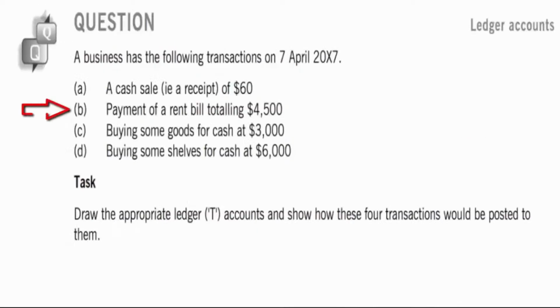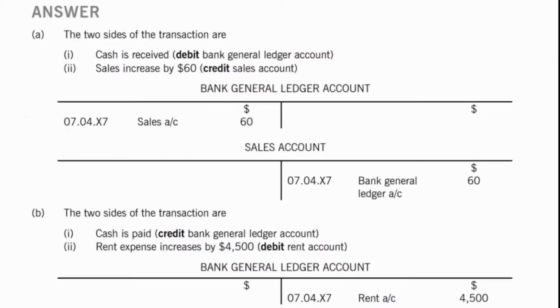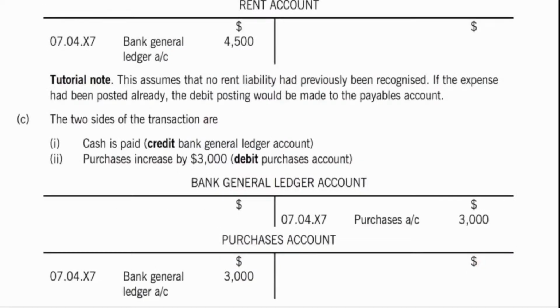Transaction B, payment of a rent bill totaling $4,500. The business pays $4,500 for rent. Here's what happens. 1. Cash, an asset, decreases because the business pays $4,500. This is recorded as a credit in the bank general ledger account. 2.